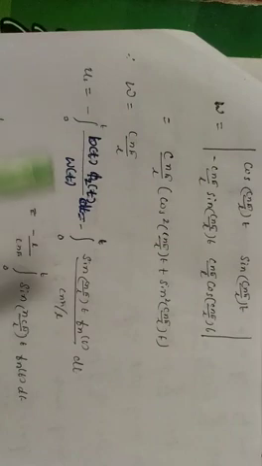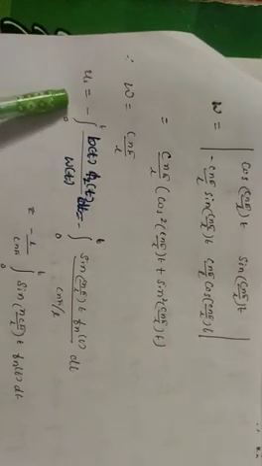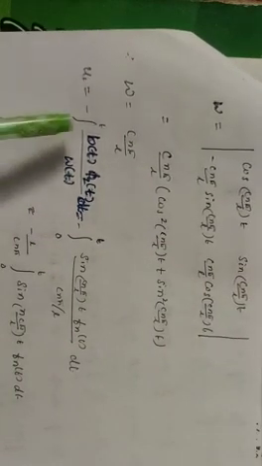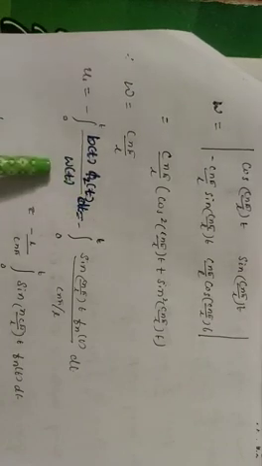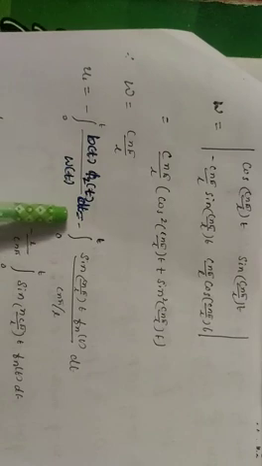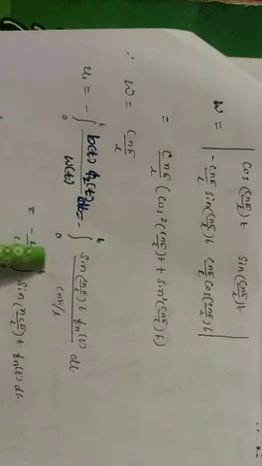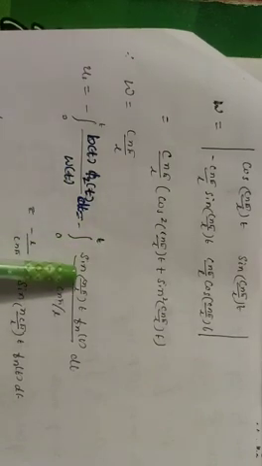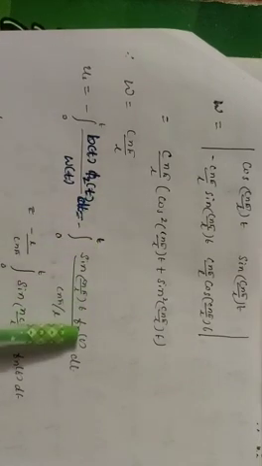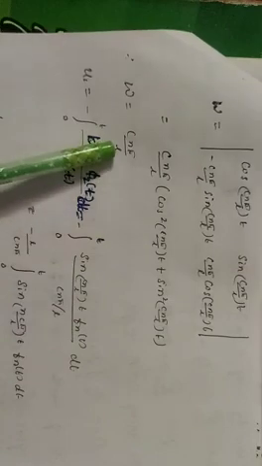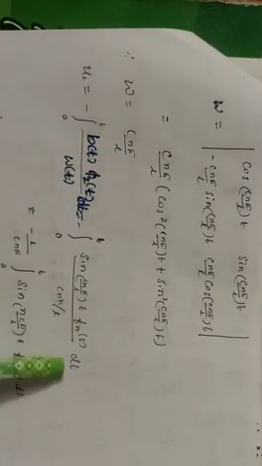Next we find the u1 and u2 values. First, u1 equals minus integration from 0 to t of b of t into phi 2 of t over Wronskian of t into dt, which equals minus integration from 0 to t of the sin cn pi over l into t into fn of t over the Wronskian value cn pi over l into dt.